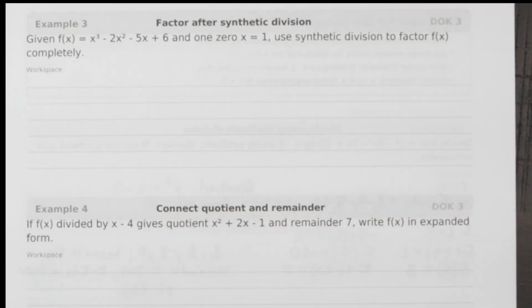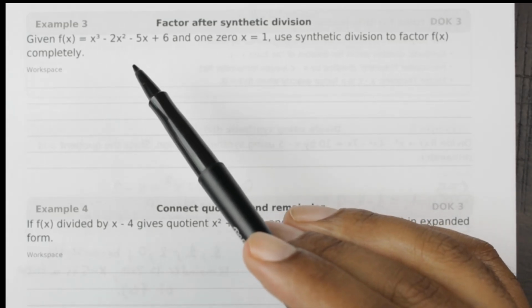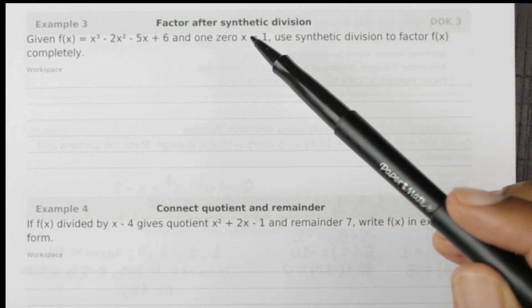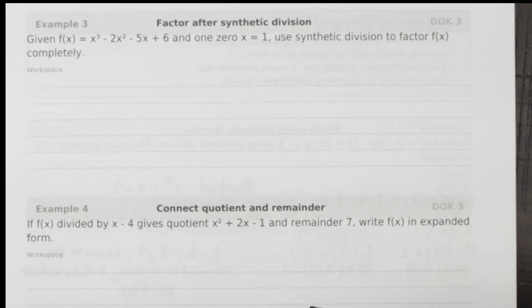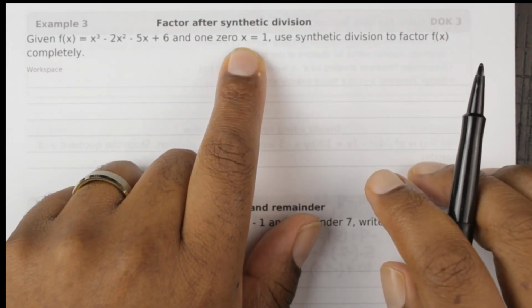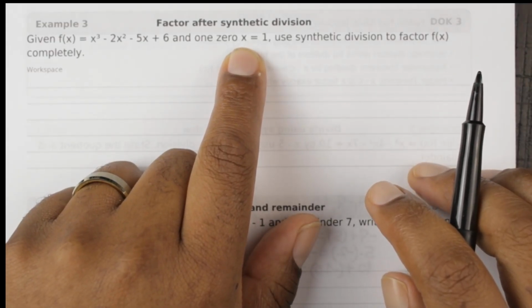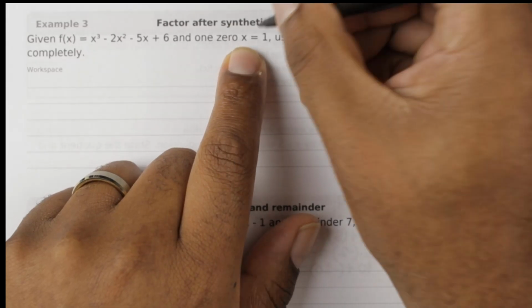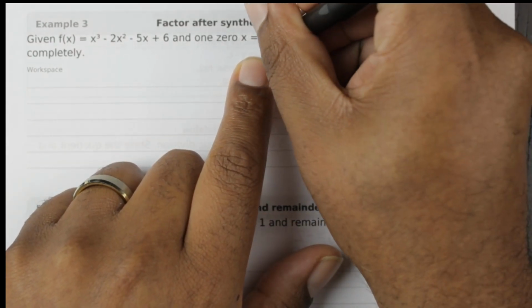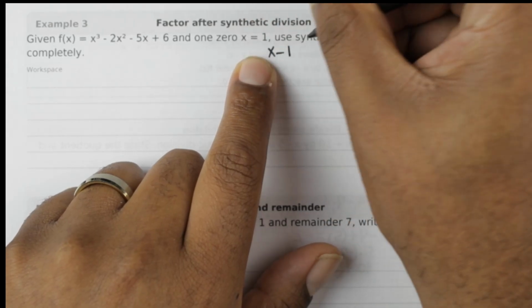Given the function that we see here and the zero 1, which is x equals 1, use synthetic division to factor. Using synthetic division, we know that x equals 1 is a zero, which means that is essentially x minus 1.